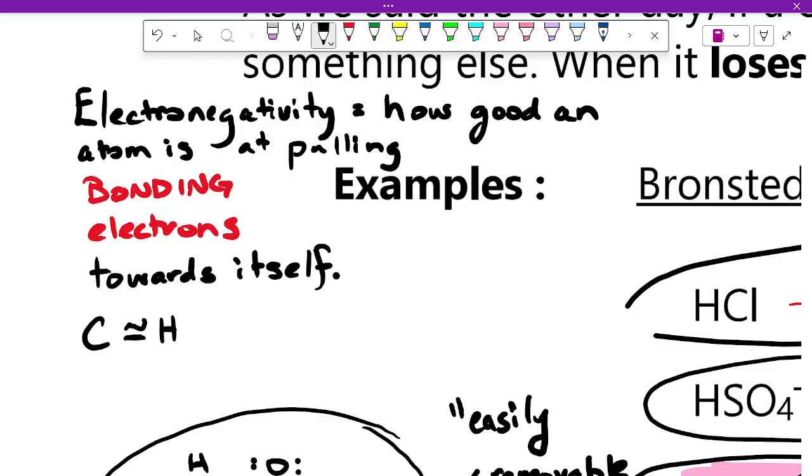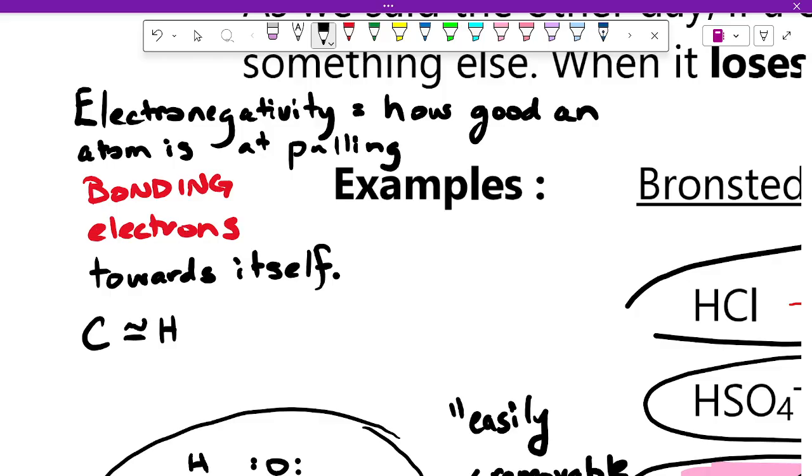Positive, because what positive things are in the nucleus? Protons. Have we not been doing this since like grade 8? Positive protons in the nucleus. The nucleus is positive. What are these? Not protons, protons are in the nucleus. These are shared electrons.